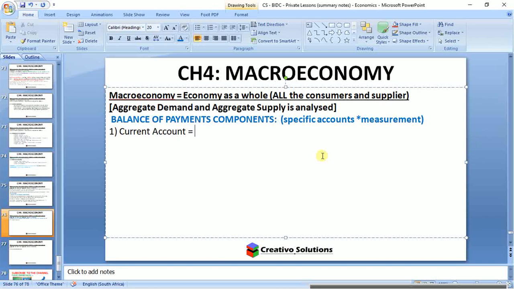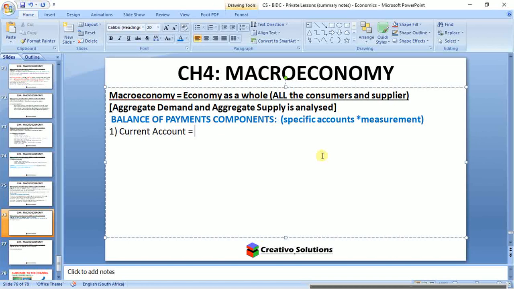Quite easy to remember. You can also think about your accounting here. If something is current, it's looking at now, it's present. Within the balance of payments, it's a record of the trade in goods, services, investment income, and current transfers. So it's looking at 4 things.